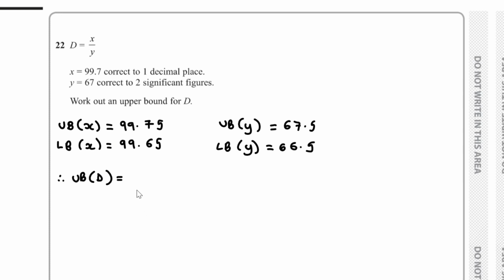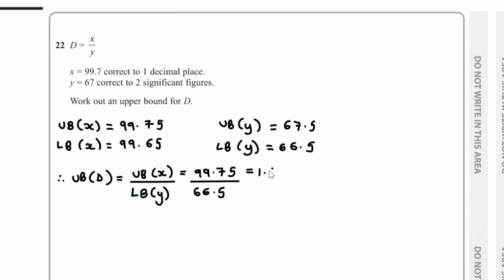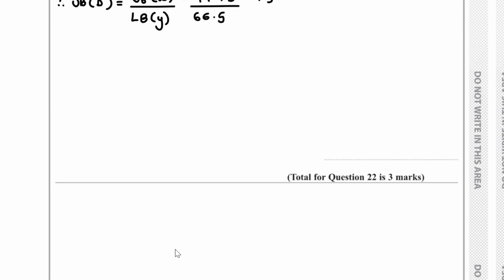So we've got the upper bound of x over the lower bound of y, which is 99.75 divided by 66.5, which is 1.5. So the upper bound of D is 1.5.